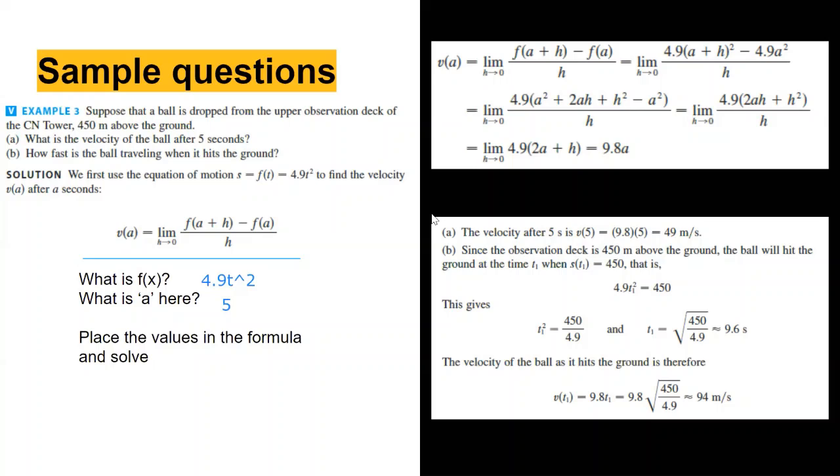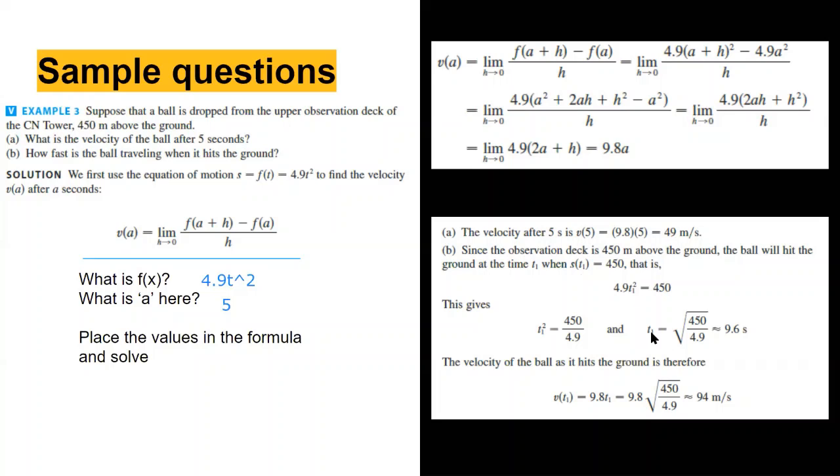For the second part, how fast is the ball traveling when it hits the ground? How fast refers to velocity. But here they are asking how fast is it traveling when it hits the ground. So we do not know at what point does it hit the ground. What we do know is that 4.9 t square is equal to distance. And the distance as given in the question is 450 meters.